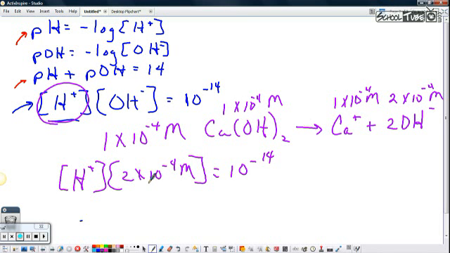I got 5 times 10 to the minus 11. That's what you should have got. So the H ion concentration is equal to 5 times 10 to the minus what? 11.